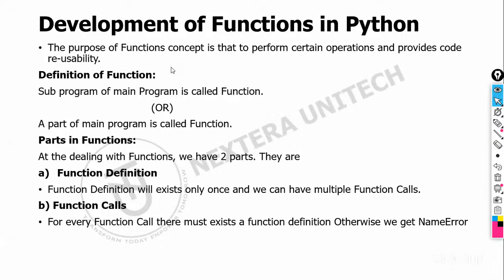We'll continue with the functions topic that we started in the recent session. We'll quickly recap what we have covered in the last session and understand new topics as part of functions. So what exactly is a function? What is a function in Python?